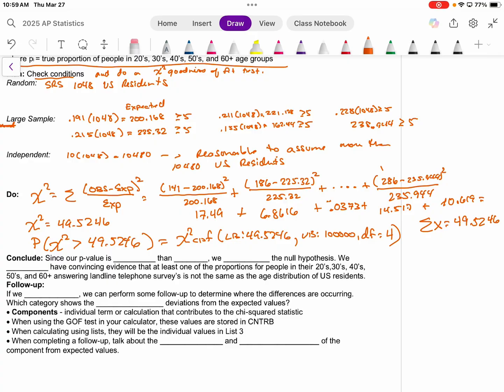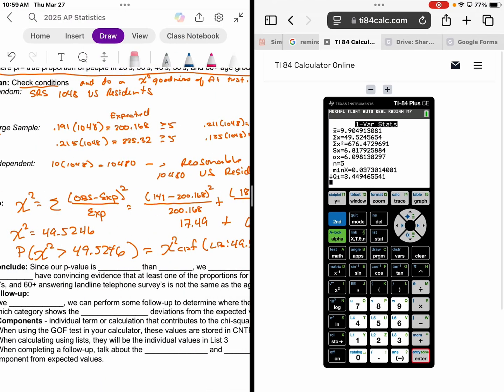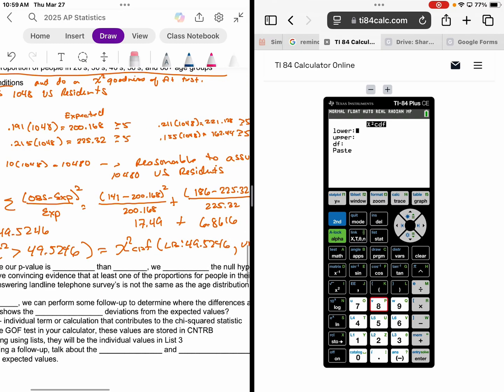So second VARS, chi-squared CDF is option number 8. Again, my lower bound is my chi-squared statistic. My upper bound is something really big. Again, 100 wouldn't cut it in this case. My degrees of freedom are 4. Hit enter a couple times.